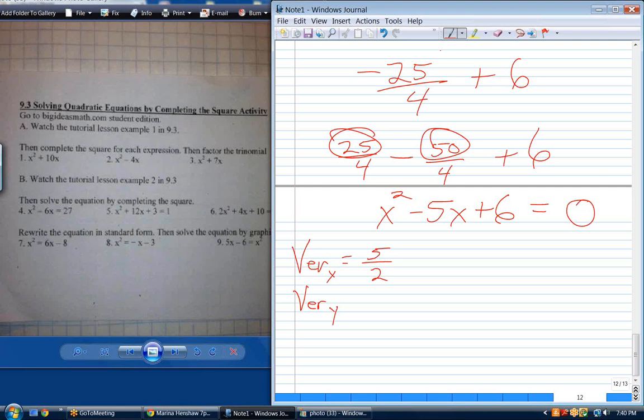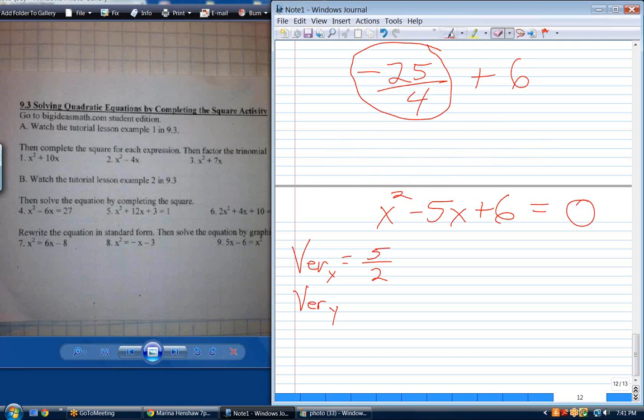So what is minus 25 fourths plus 6 equal to? To do that, I can either change the 6 and give it a common denominator of 4. Let's do that. In other words, I need a common denominator to do this math. Common denominator is going to be 4 because both 1 and 4 divide into 4. So how many fourths is 6?